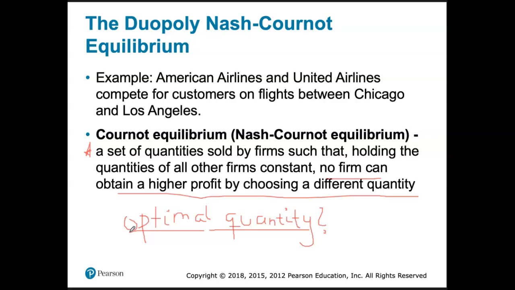Okay, and we can actually illustrate this or find the Nash-Cournot equilibrium by using the graphical method and using algebra. Okay, so the first thing I'm going to do is use the graphical method, and after that I'll use the algebra.